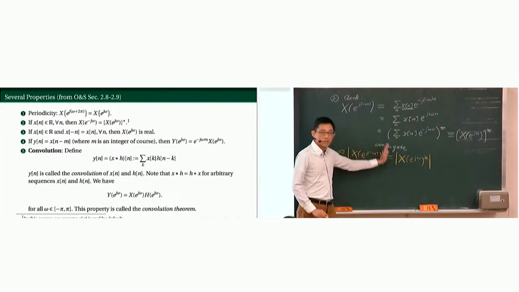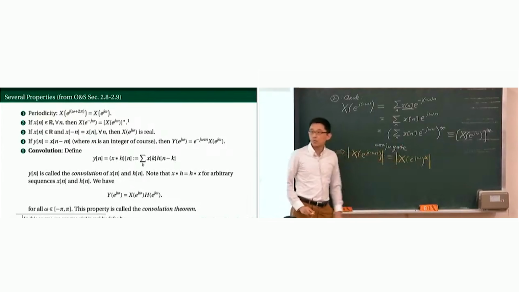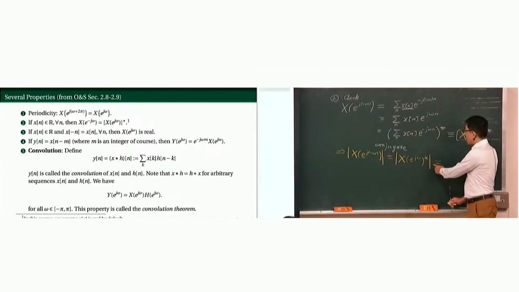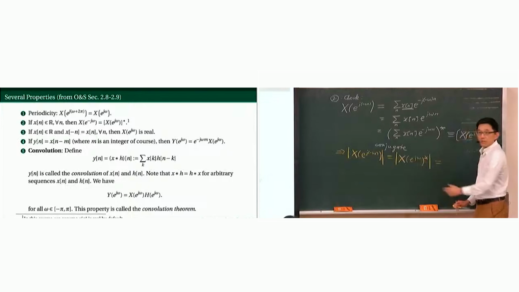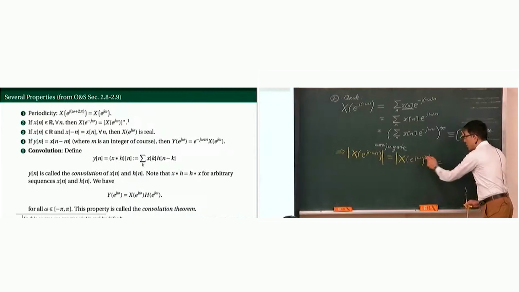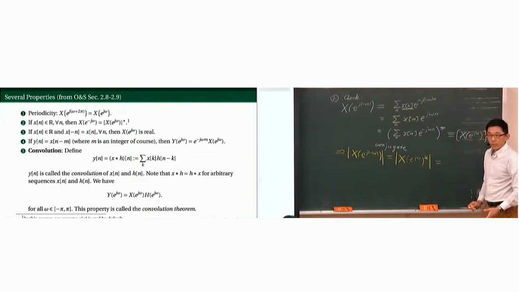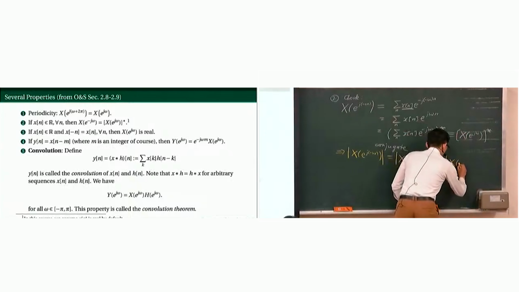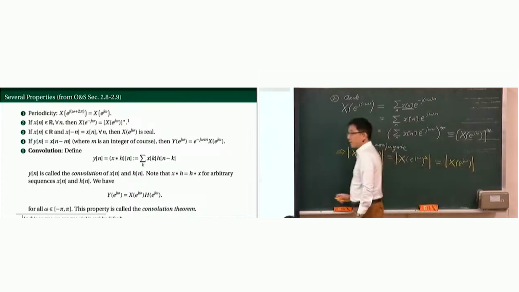I'm just taking the magnitude, taking the absolute value. But then, what's the absolute value of the complex conjugate of any complex number? It's the same, right? The absolute value of the complex conjugate of any complex number remains the same. Therefore, we have this, so we obtain the result.